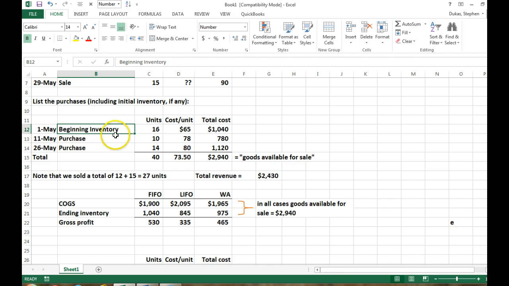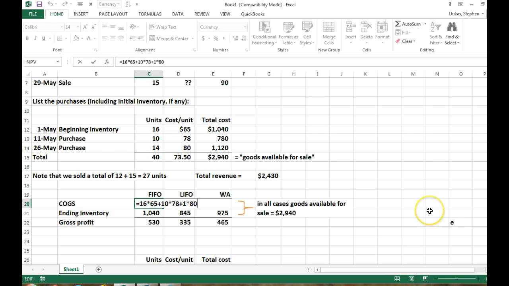The next units I sell are going to be these 10 here for May 11th, and only then do I sell more. Notice after I sell these two, I've sold 26 units. I only have one left to sell, so I'll sell one from the May 26th purchase.